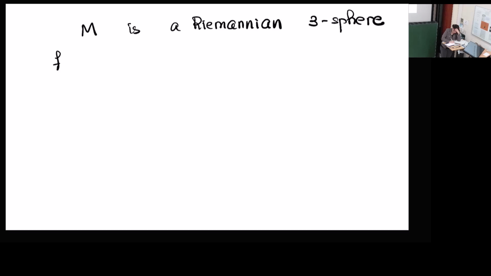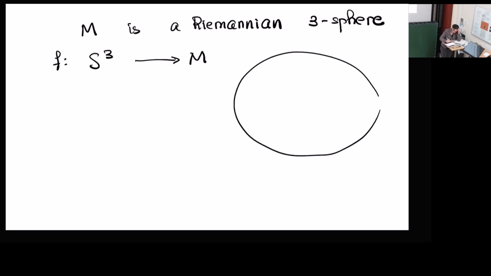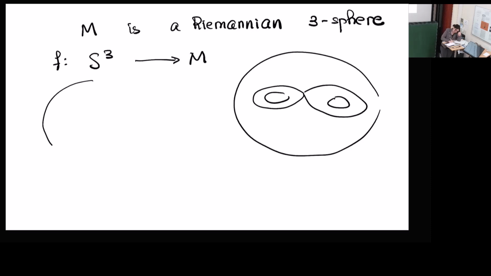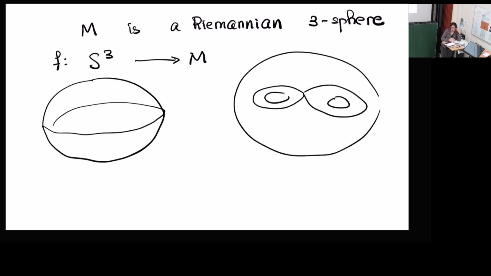So there is a diffeomorphism from S3 to M. We know that M has a structure, that it's kind of decomposed into two-dimensional spheres like this. So we have a sphere, then it bifurcates, etc. We have a bunch of spheres. So there is a tree-like structure of spheres in this M. We can do exactly the same in S3. In the standard round sphere, we can just pull this structure to S3, kind of decompose it into two-dimensional spheres, where it looks like this.